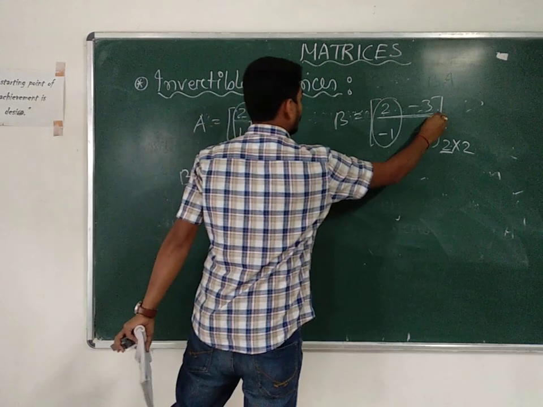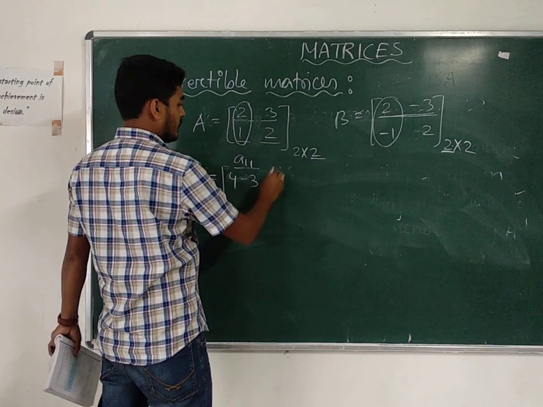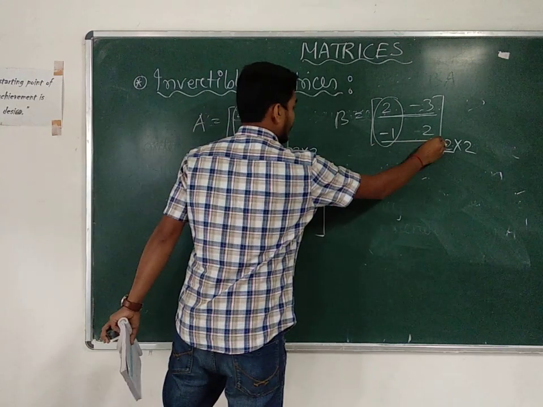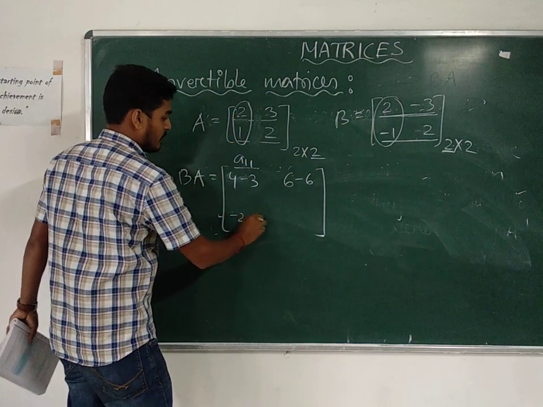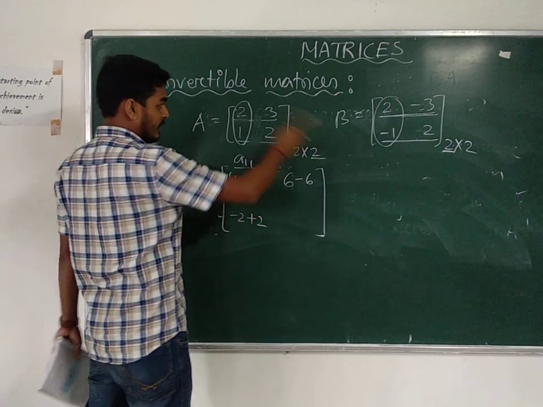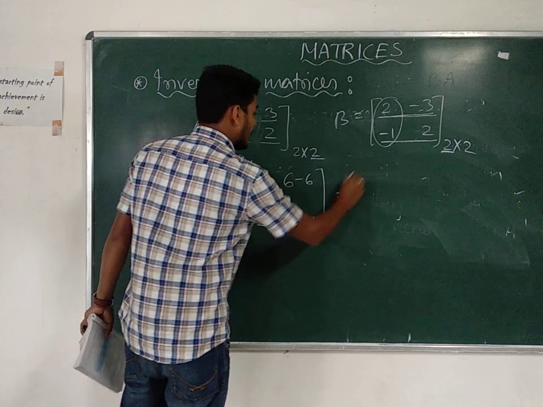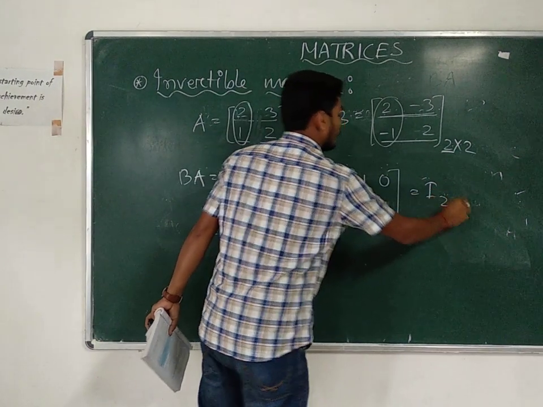Then first row, second column: 6 minus 6. Then second row, first column: minus 2 plus 2. And second row, second column: minus 3 plus 4. Exactly, we have got 1 0 0 1. This is nothing but an identity matrix of order 2.